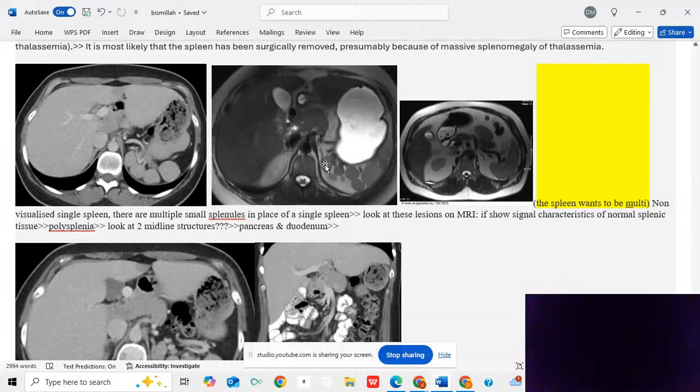The spleen. So that is the aim of this lecture, that the spleen led you to all of these diagnoses. The polysplenia led you to all of these diagnoses. So that's all, and thank you.